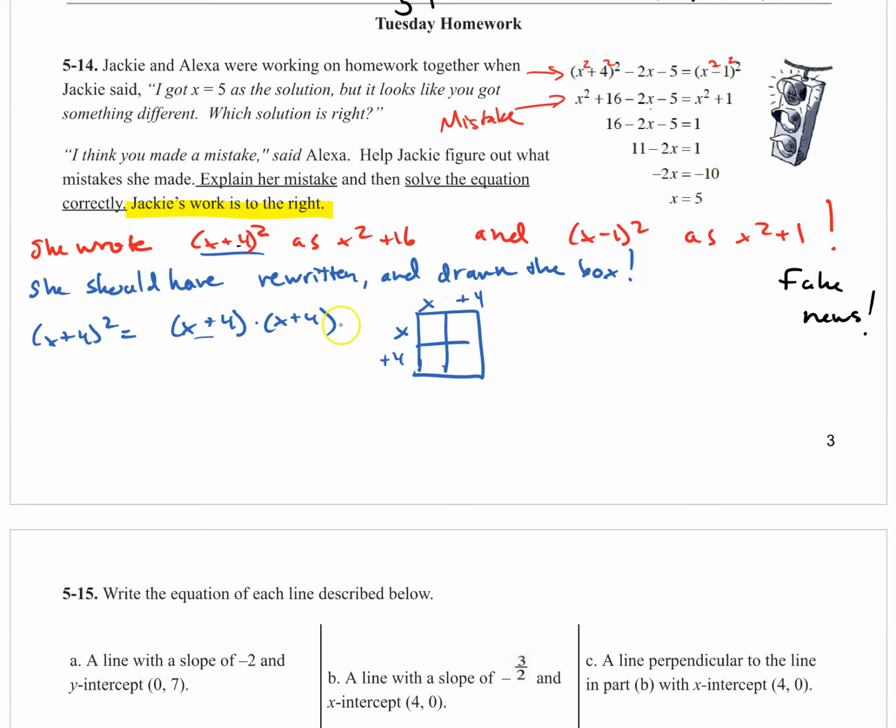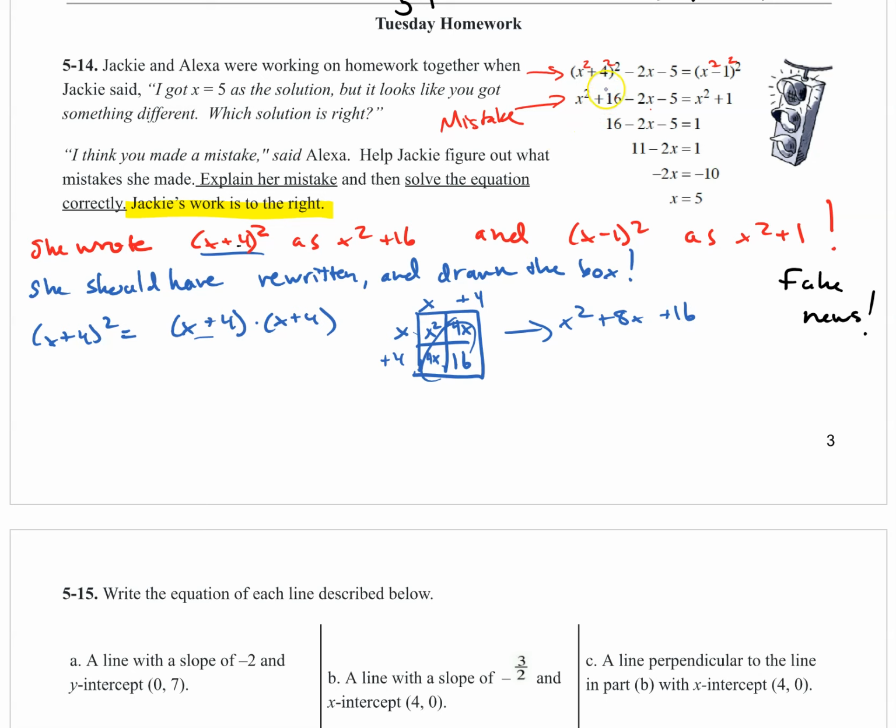This has two terms, this has two terms, so our box is going to be a 2 by 2 box. So we've got x times x squared, x times 4, 4x, x times 4, that's 4x, and 4 times 4 is 16. Don't write 8. We multiply. 4 times 4 is 16. Combine like terms, and this becomes x squared plus 8x plus 16.